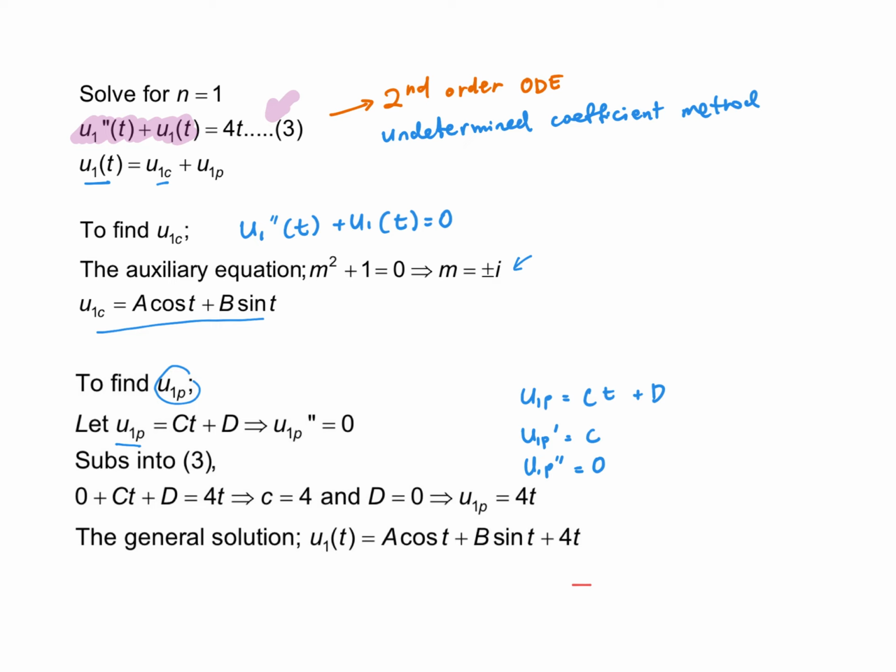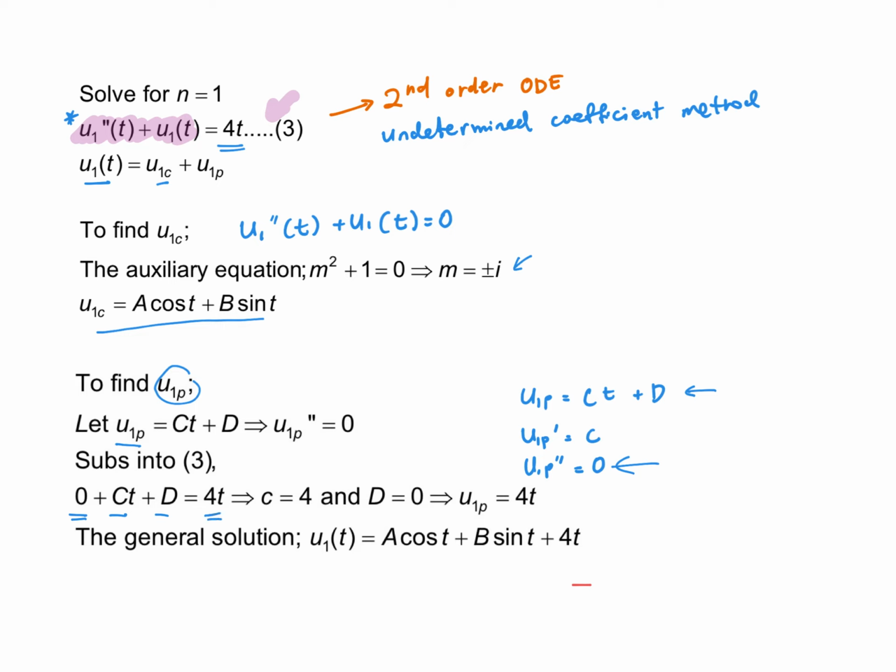Now we are going to substitute into this equation. So our u1 double prime t is equal to 0, so we have 0 here. And then u1 t, we have ct plus d. So just write down ct plus d equal to 4t.